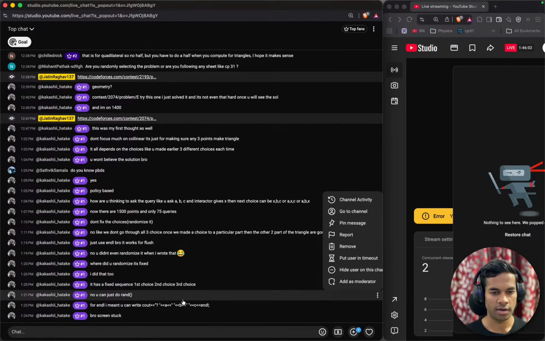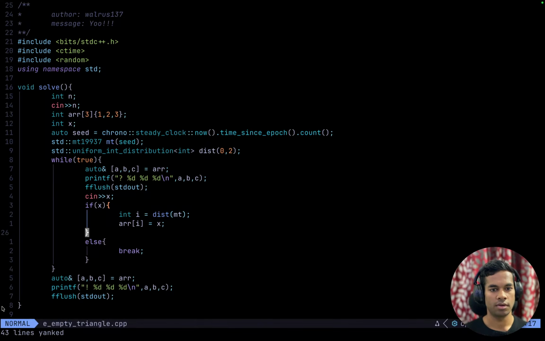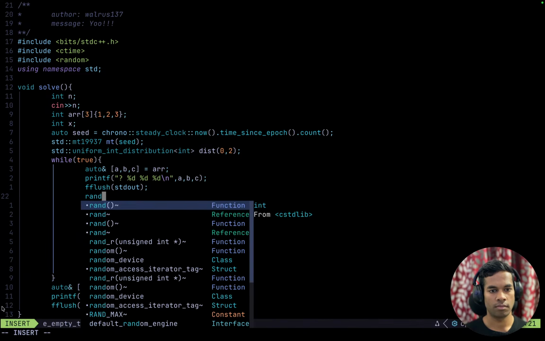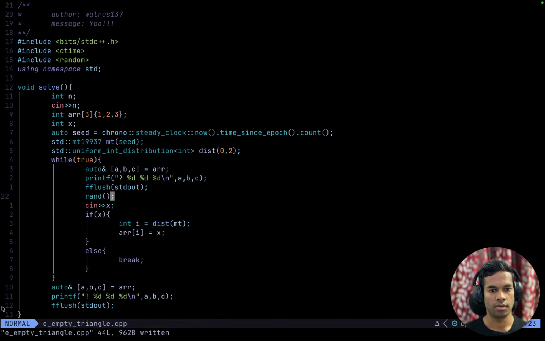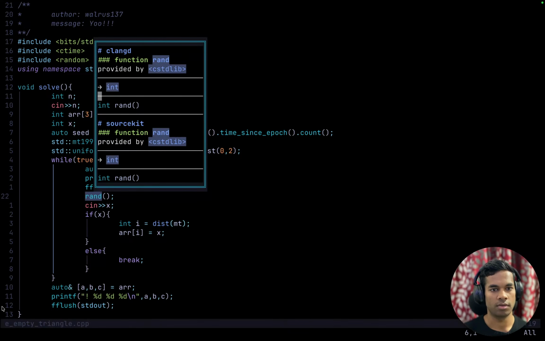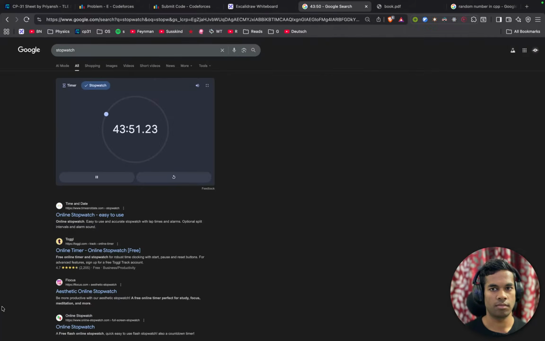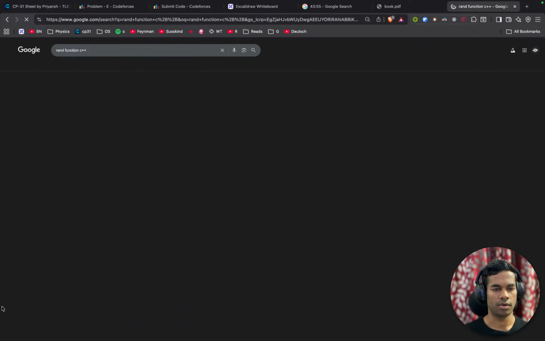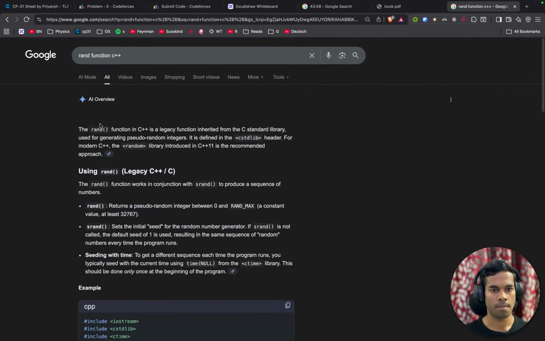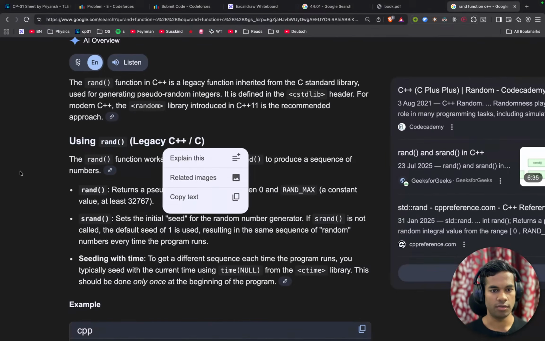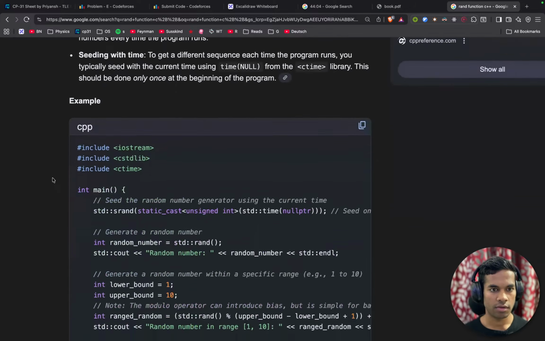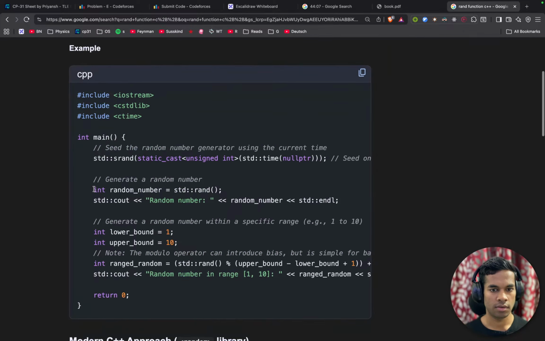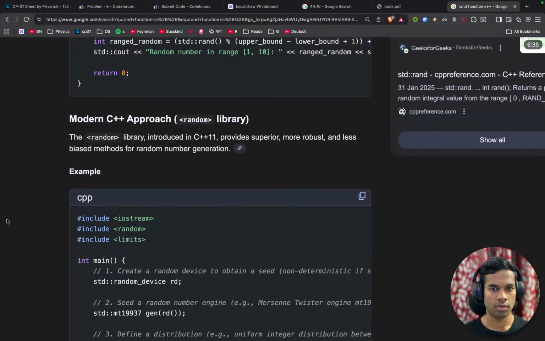Wait, I can just do random. There is a function like that. Rand function in C++. Legacy rand works fine with srand and seeding, random number equals. What does this do? Random library.